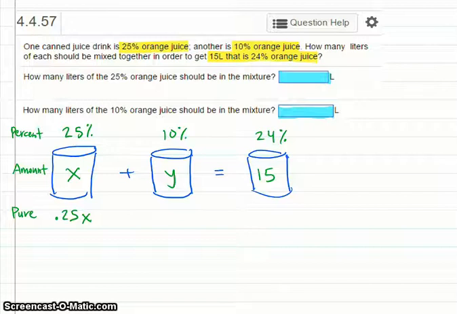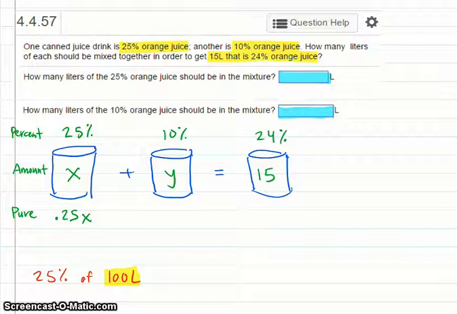I want you to think about why this makes sense. For example, let's say that we have 25% of 100 liters. How much of it would be pure orange juice? I made this up; I could have put any numbers.